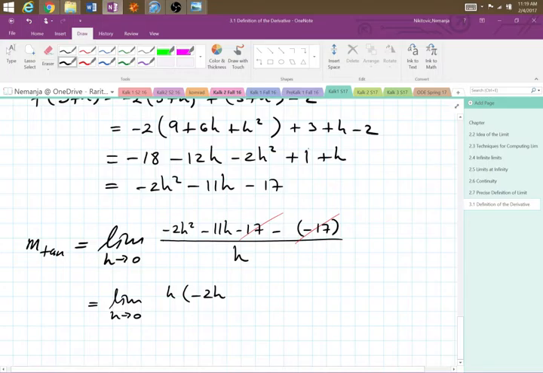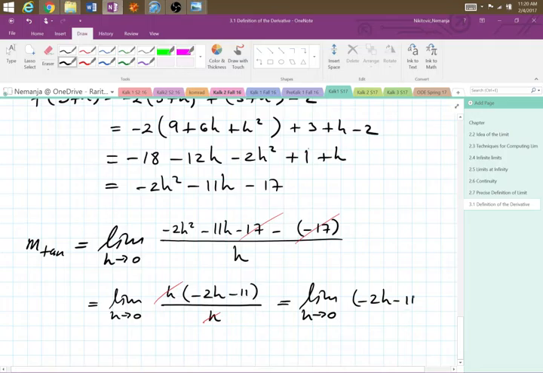I know you can kick negative h, but just kick h because that's the only thing you need to cancel. So now h dies off. And we have limit, h goes to 0, negative 2h minus 11.